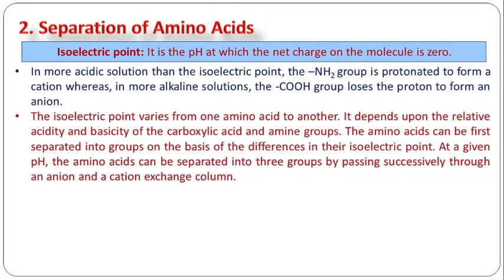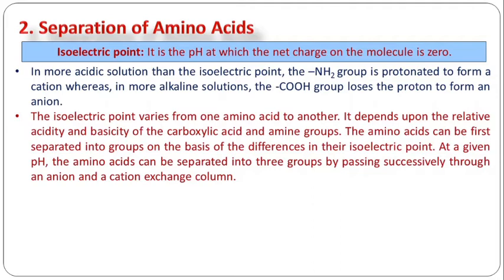Friends, this isoelectric point is the characteristic property of each amino acid. That is different for all the amino acids. It depends upon the relative acidity or basicity of the carboxylic acid or the amino groups. These amino acids can be separated by using this difference in isoelectric point.